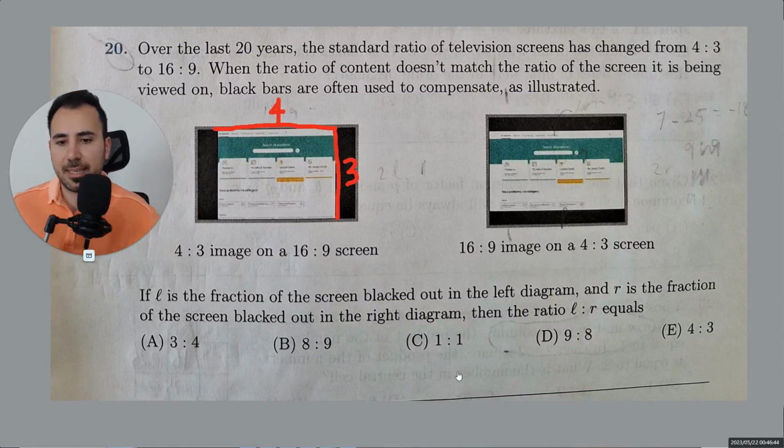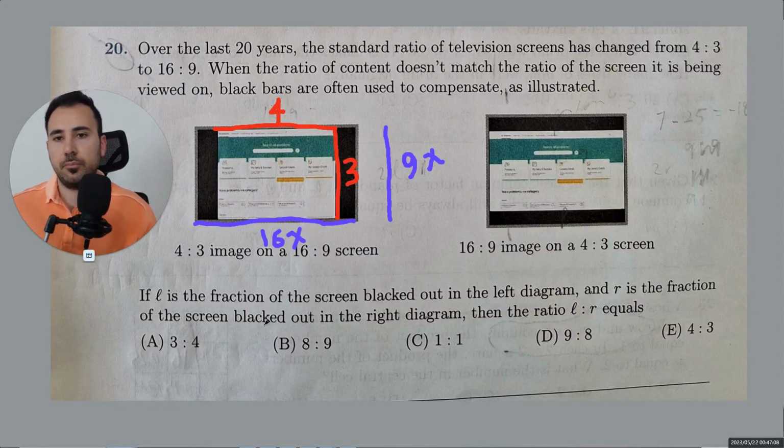Because they will have different units, 3 of this is 9 of something else. So I'm going to call it 9x. If this is 9x, this one over here will be 16x. So let's find it. I think then the rest of it is just child's play.